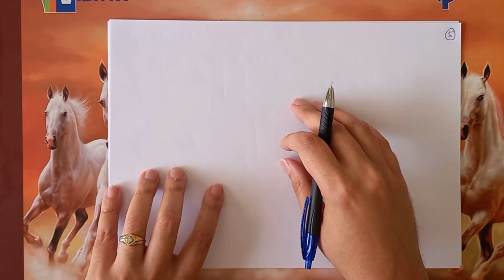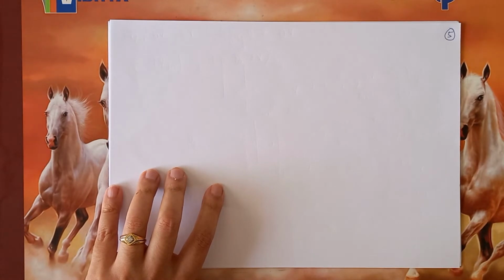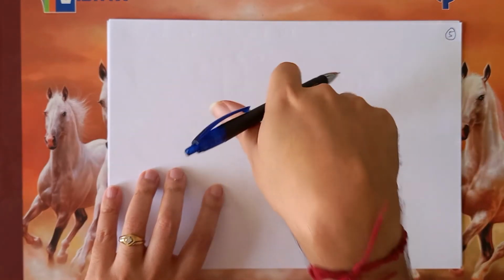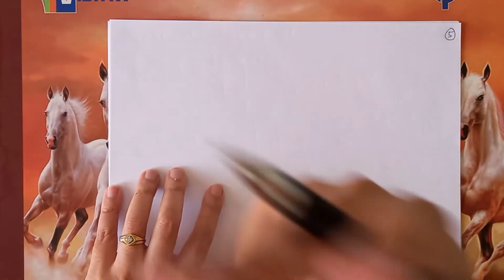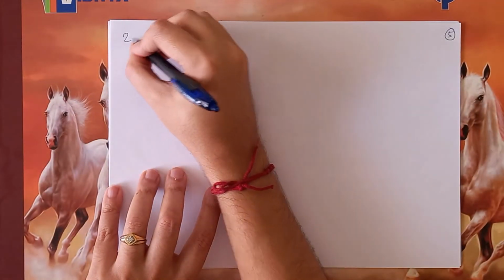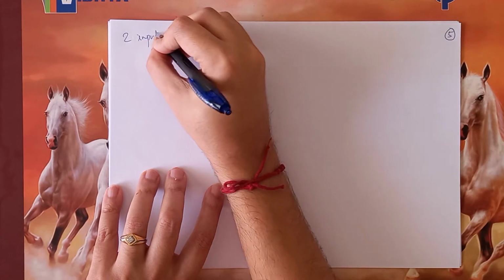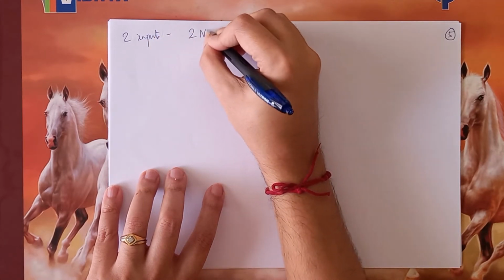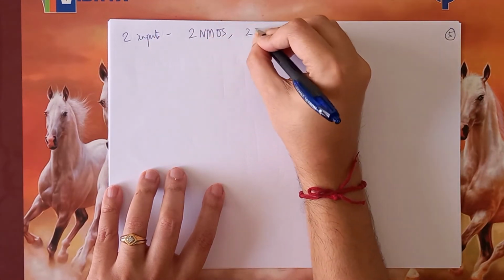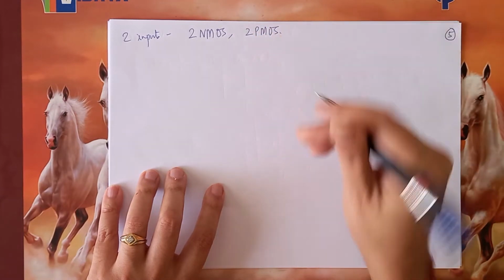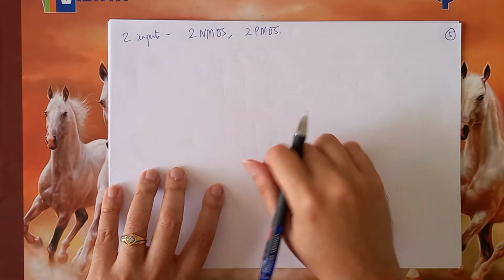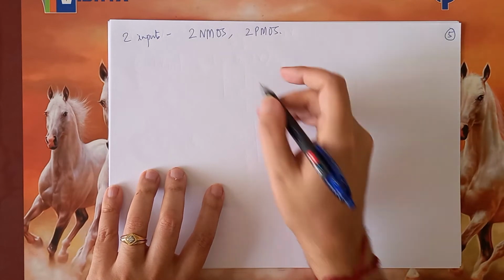So some intuition tells me that, going by the way we looked at the NOT gate, we will now need more MOSFETs. If one input needed one NMOS and one PMOS, two inputs will need two NMOSs and two PMOSs. Okay, so let us see how we can do this.